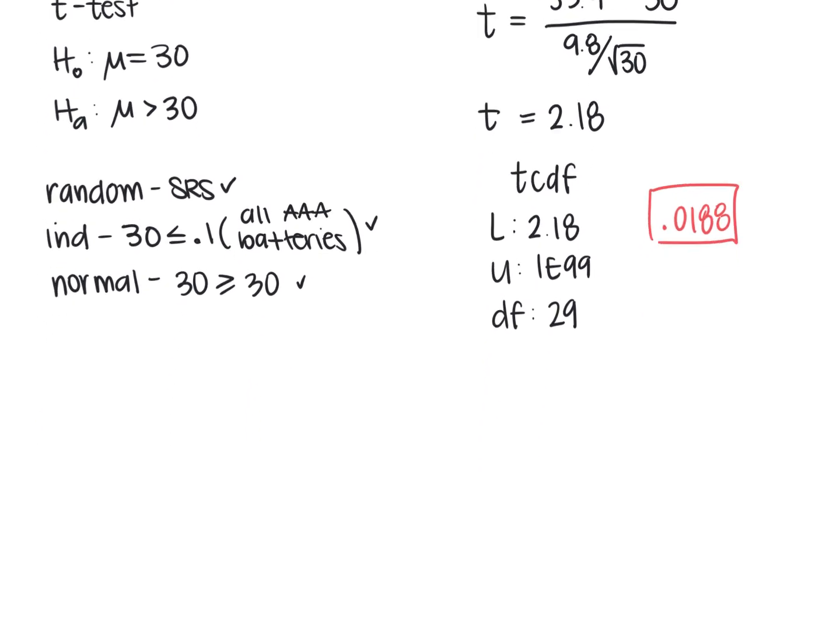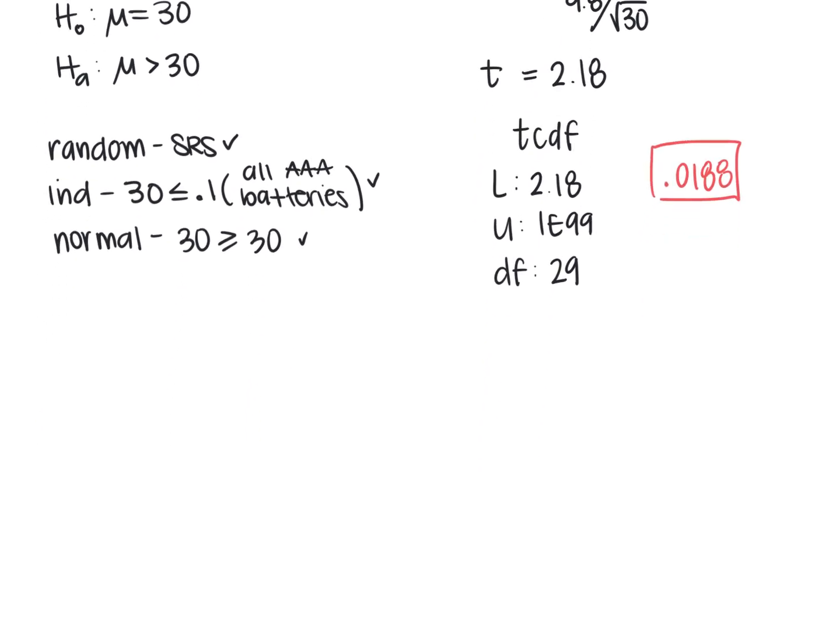Now we're going to compare that to our alpha. So our p-value is 0.0188, which is greater than alpha, which is 0.01.